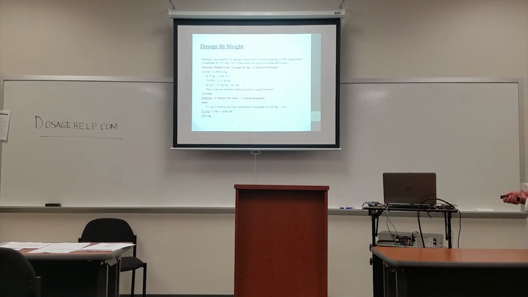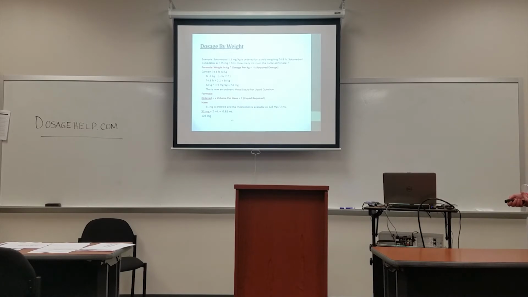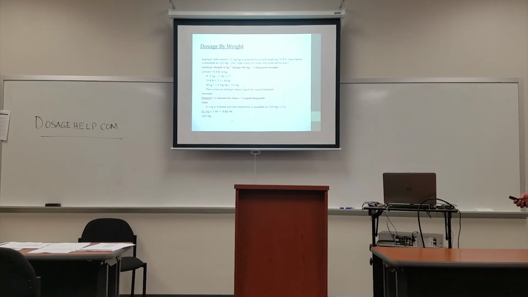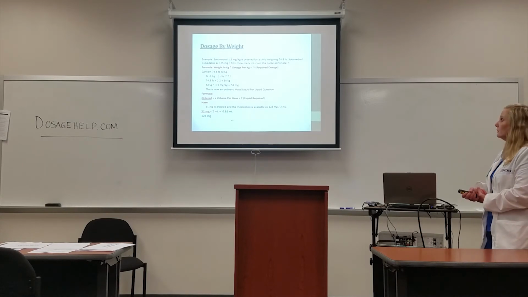Well, this is a weight, so I'm going to take my weight in kilograms and multiply by my dosage per kilogram to get my answer. The first thing I have to do is take my child's weight from pounds to kilograms, and I have to divide it by 2.2. So 74.8 pounds divided by 2.2, my child's weight is 34 kilograms.